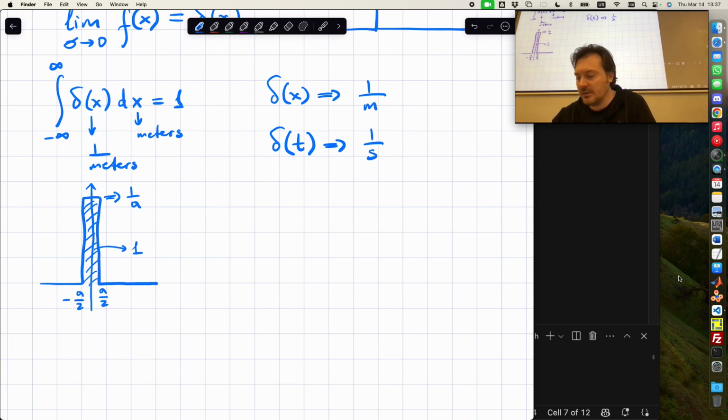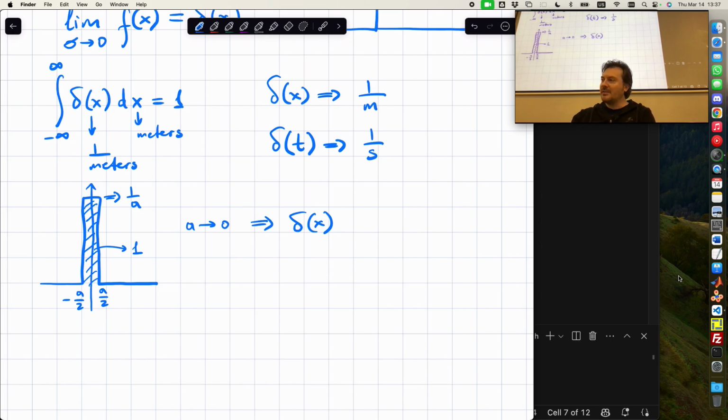Everyone agrees with that. And as you take a to 0, you approach the Dirac delta of x. That's another way of looking at it. Also, if we take any absolutely integrable function with integral 1 and squeeze it, it becomes a Dirac delta. There's nothing special about that rectangle or Gaussian.